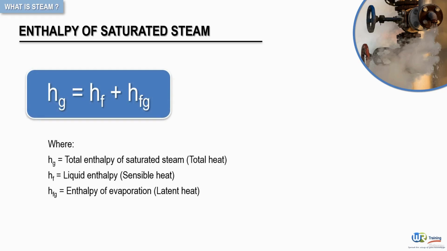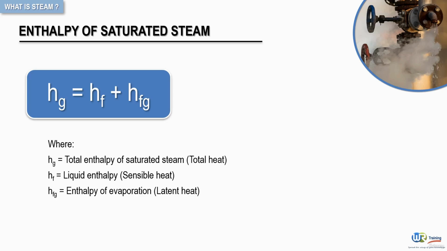In this equation, the term h_g is the total enthalpy of saturated steam. h_f is the liquid enthalpy, or the water enthalpy, also known as sensible heat. And h_fg is the enthalpy of evaporation, as it was discussed in the previous video.